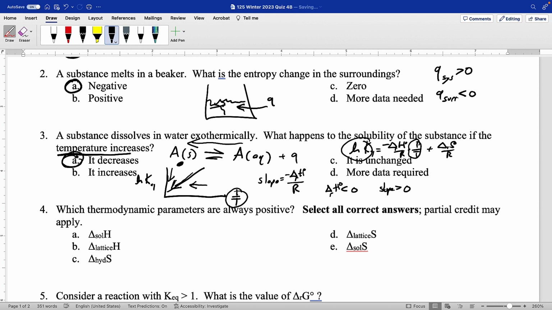Number 4, which thermodynamic parameters are always positive? So you want to think about what these processes mean. Solid solution is going from salt, solid, to salt, aqueous. Lattice is going from salt, solid, to salt, gas phase.